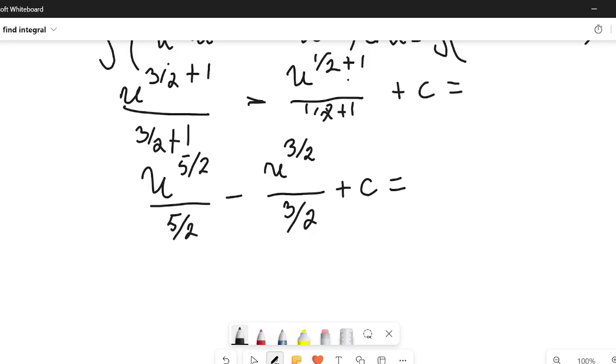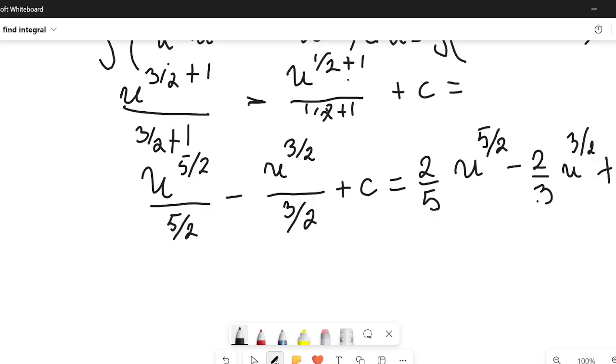Or we can flip it over. It's going to be 2 over 5 u to the power 5 over 2, minus 2 over 3 times u to the power 3 over 2, plus c.